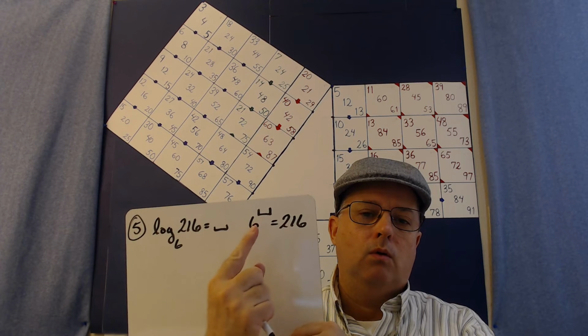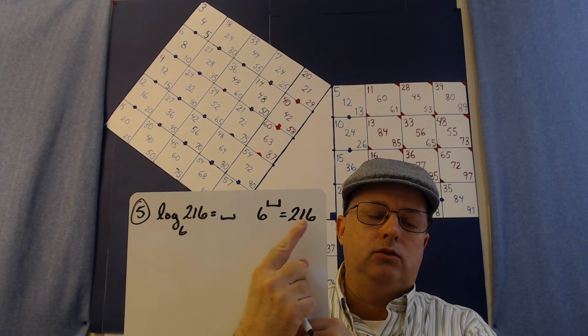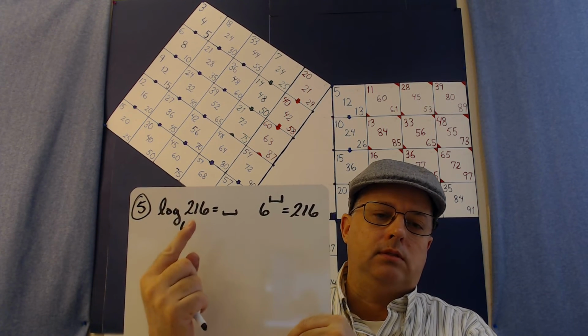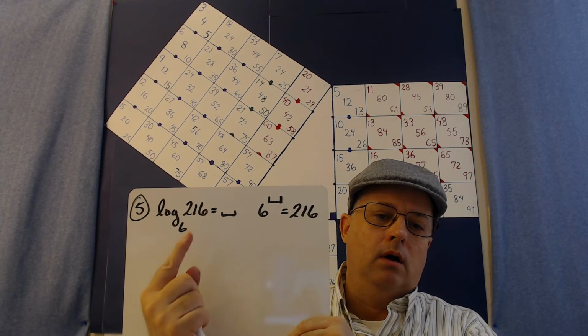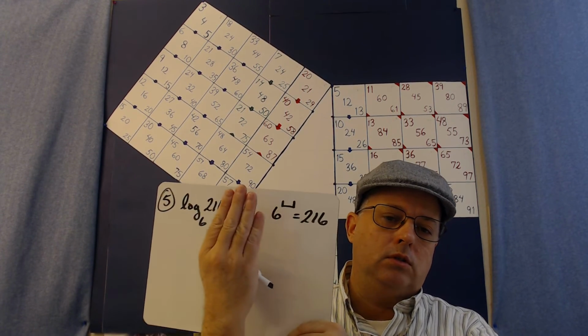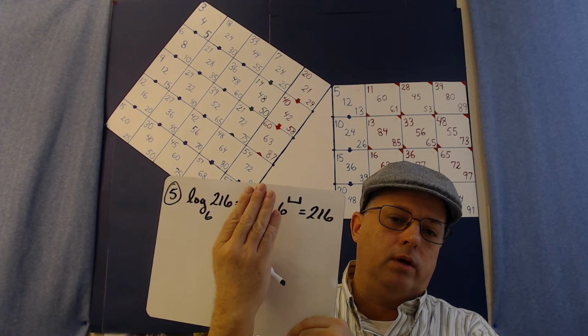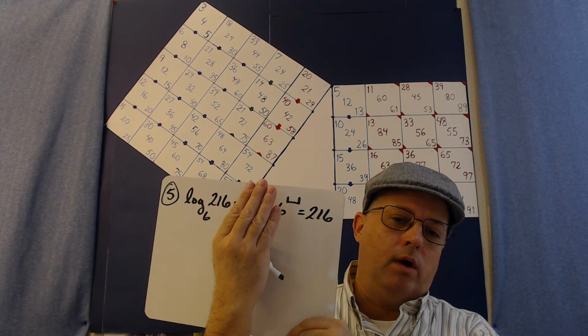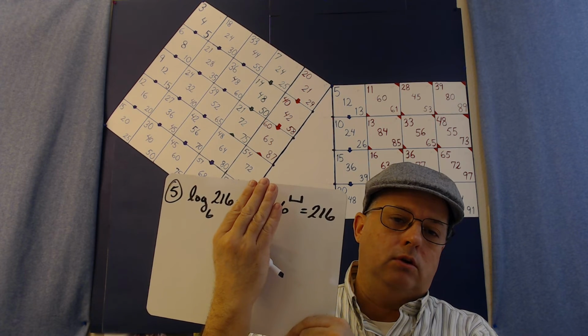And then ask yourself, what power of 6 is 216? That's what this says. When you just see the logarithmic question there, it's asking what power of 6 gives us 216.